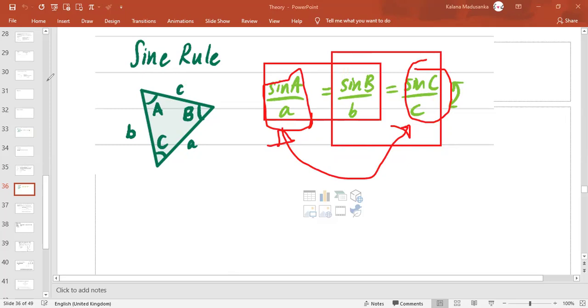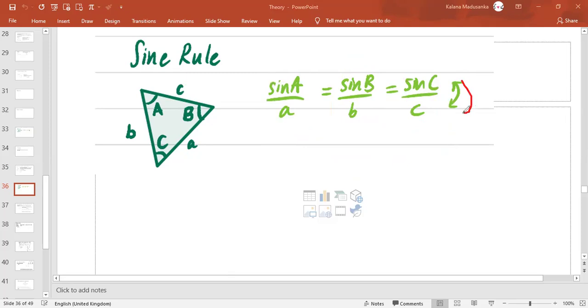And another thing is that you can transpose or change the sides as well. It is okay to have C divided by sine C. However, it is equal to simple B divided by sine B. Like that you can have room for the opposite sides as well.